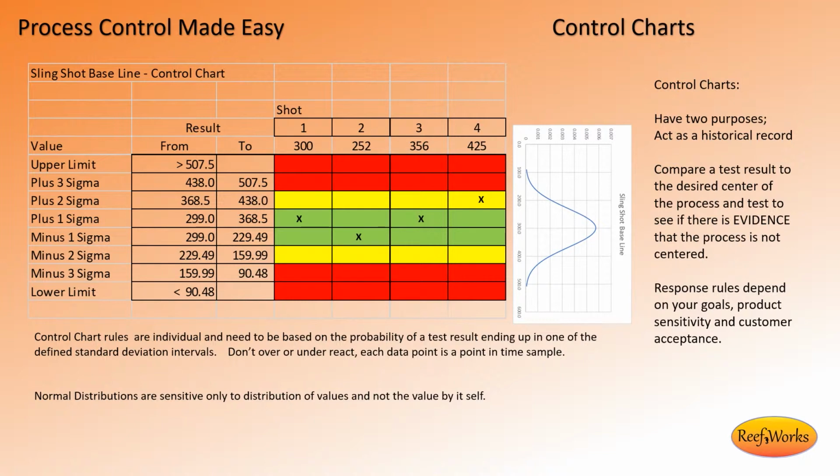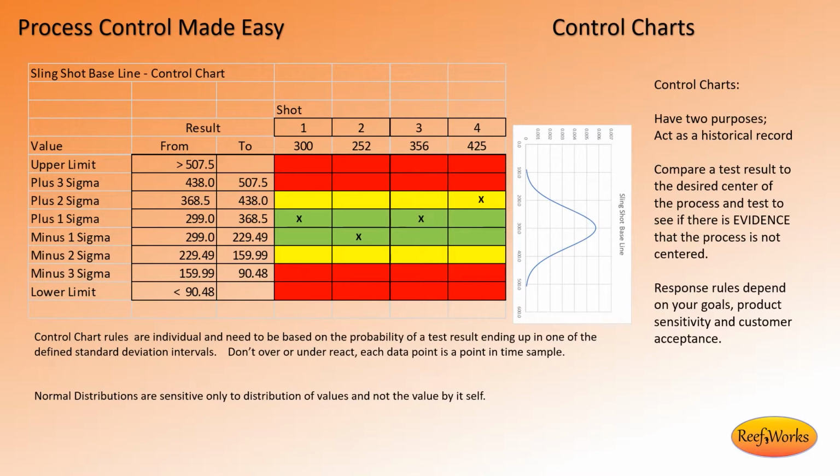Control charts are really normal distributions, and it's important to bear in mind that normal distributions are only sensitive to the distribution of the values and not the values themselves. In other words, it doesn't matter if that value is a million, a billion, or 10, or 1. They're only there to measure the variation around the mean.